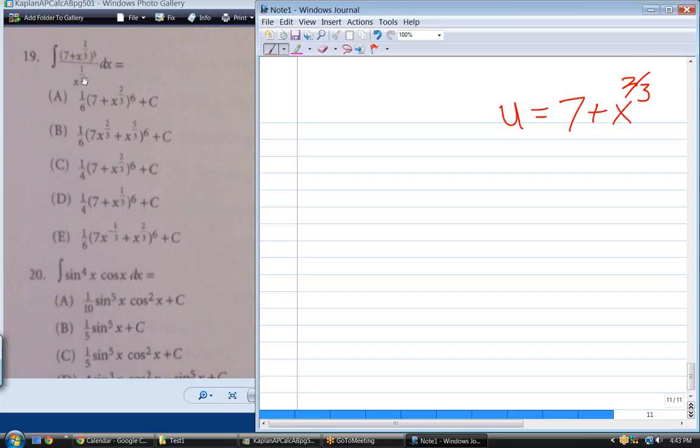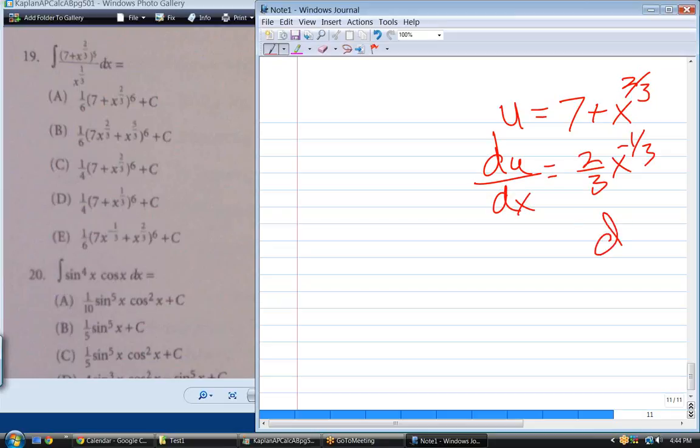I think. Yeah, let's see. Yeah, because I can... No, hold on. Let's go through it. So what's du dx? Let's see. It's 2/3 x to the minus 1/3, correct? Yeah, okay. This is going to work.